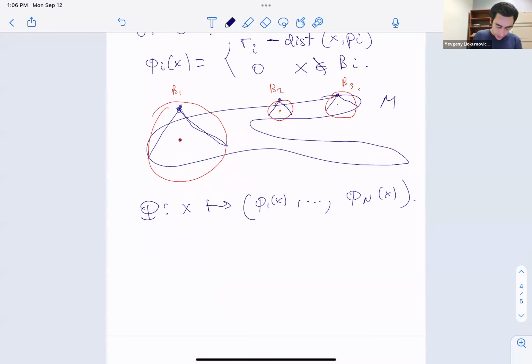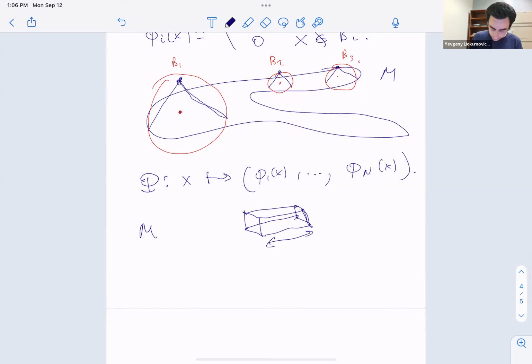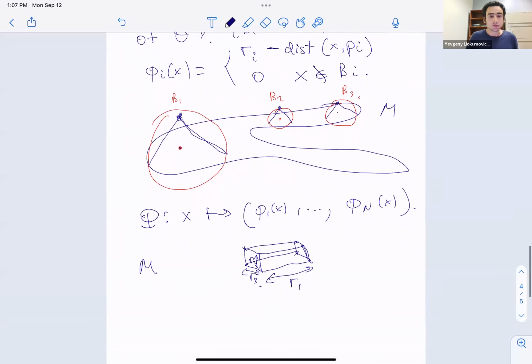And so this takes our manifold M and sends it into this n-dimensional rectangular space. Sorry for my terrible rectangles. And the lengths of the sides correspond to the radii of these balls.